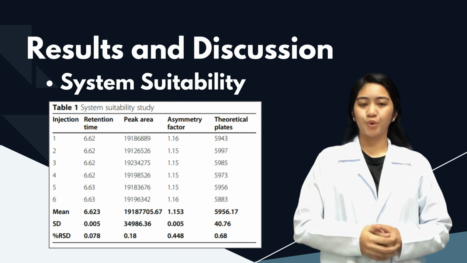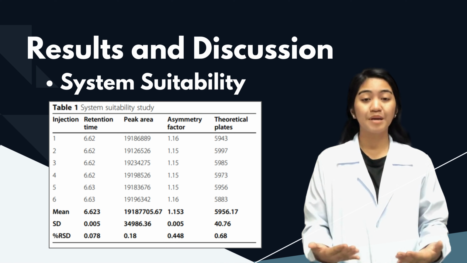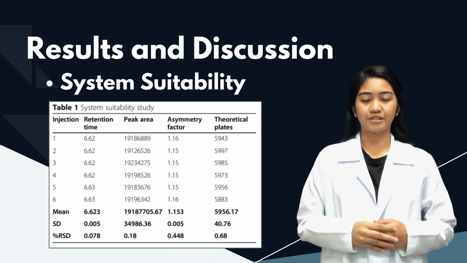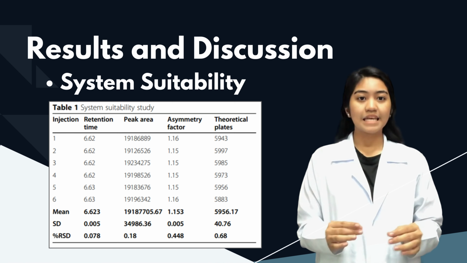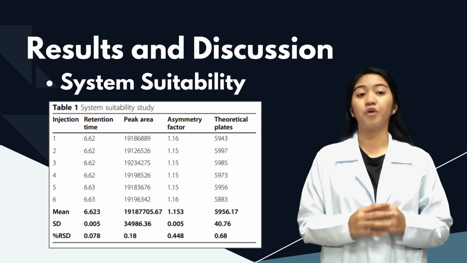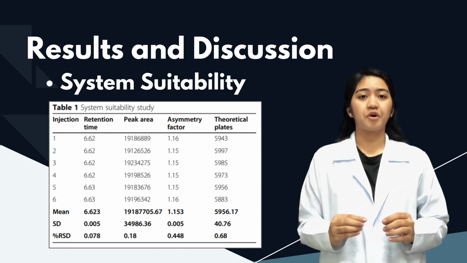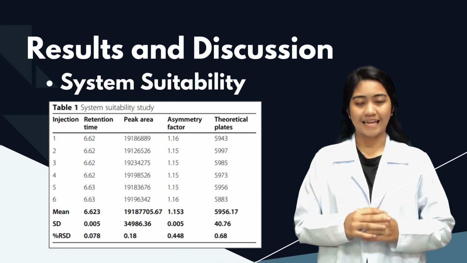The results showed that the system suitability parameters, including retention time, peak area, and tailing factor, were within the acceptable range, indicating that the HPLC system is suitable for the analysis of THC. Therefore, the method can be considered reliable and suitable for routine analysis.